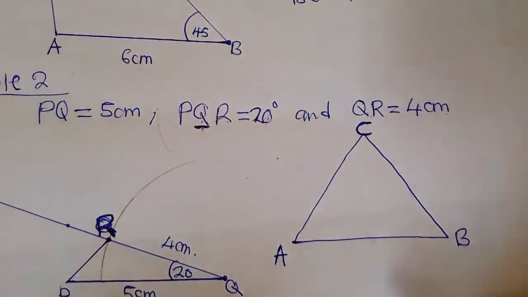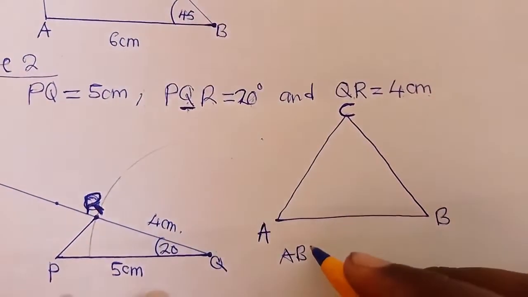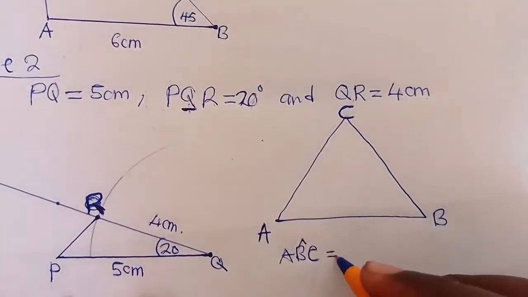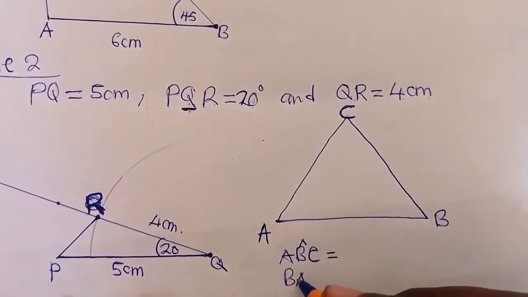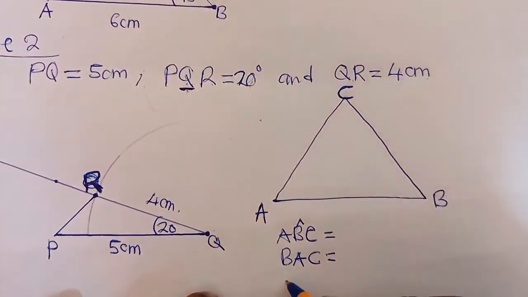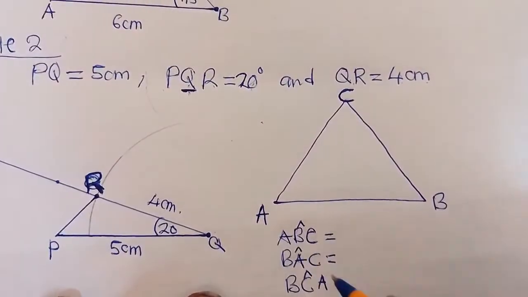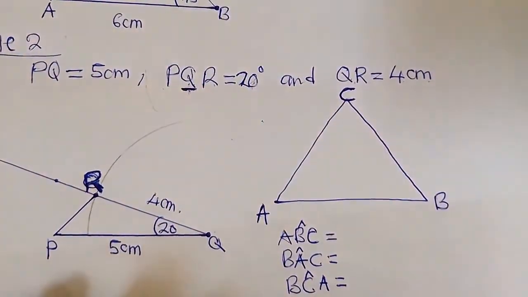Let's say you are told to find angle ABC, or to find BAC, or to find BCA, like this. If you are told to find the angle, this is it.